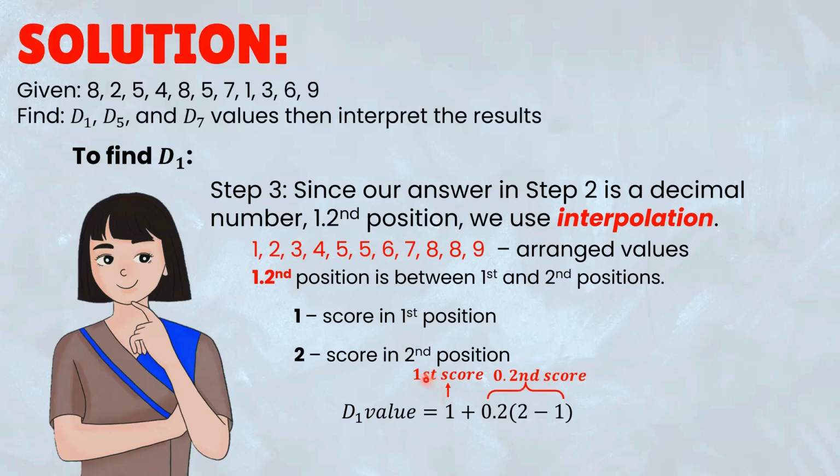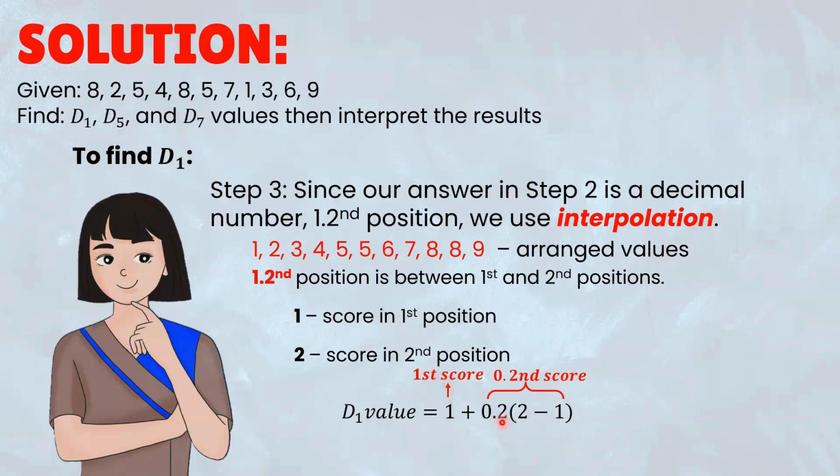So adding the two, 1 plus 0.2, that gives us 1.2 score, which corresponds to our 1.2 position. Okay?